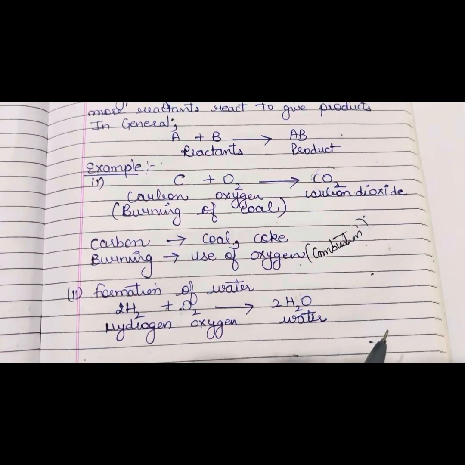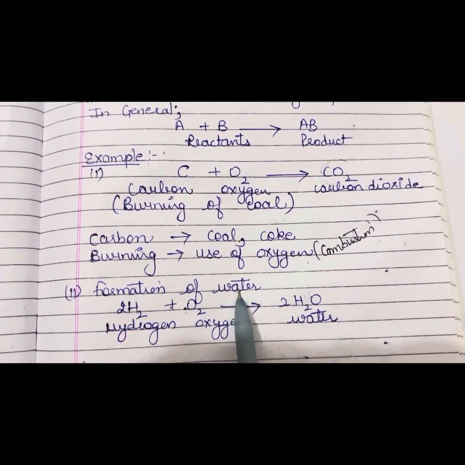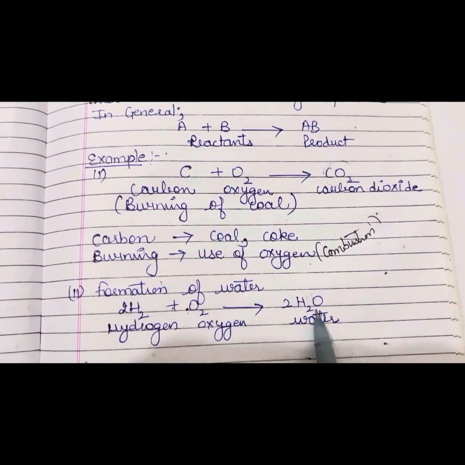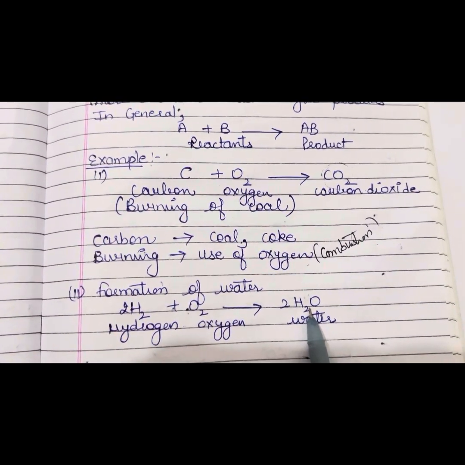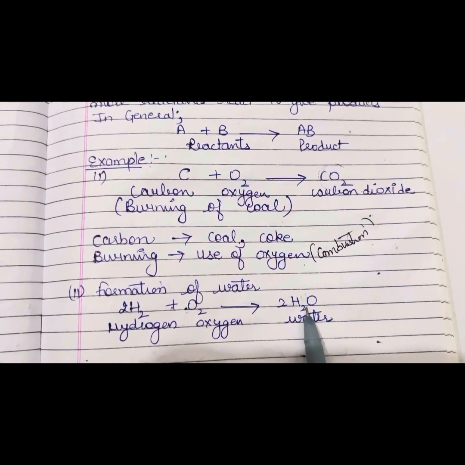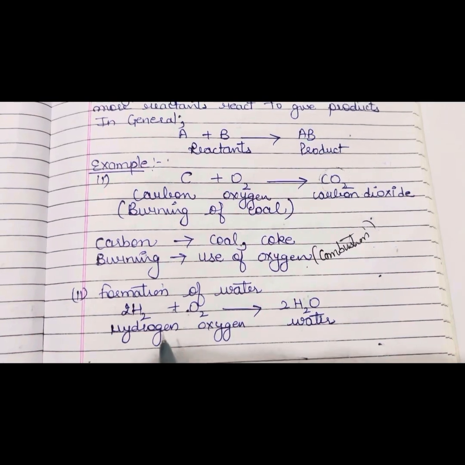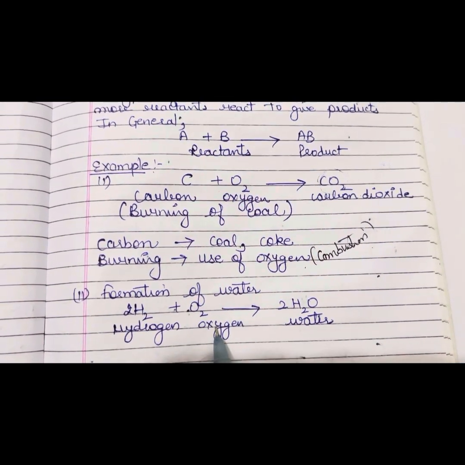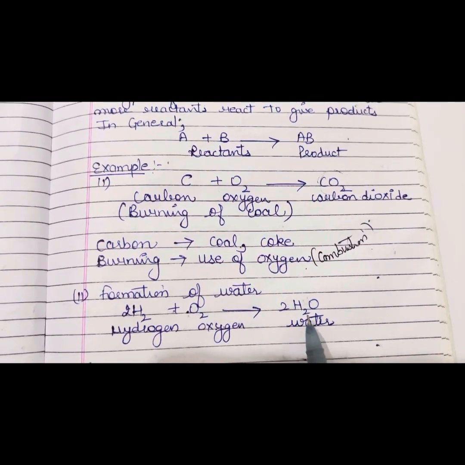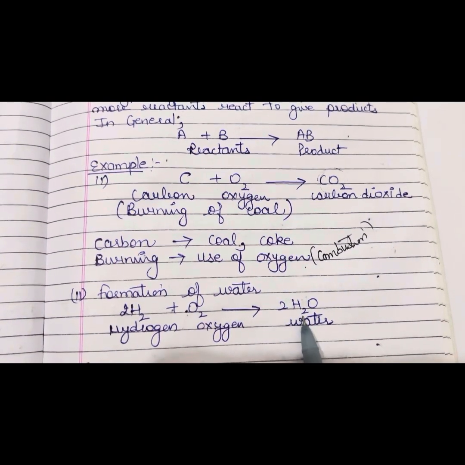The second type of reaction is the formation of water. You know that water has the formula H2O. Whenever you have to form water, you have to use two types of gases. Number one is hydrogen and second is oxygen. When hydrogen and oxygen combine, that will give water, having formula H2O.